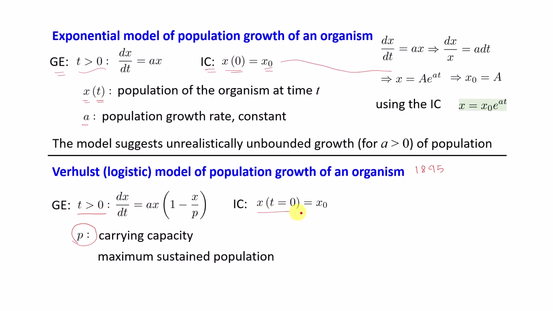At initial time, the population was x naught, as we have seen in the exponential model. So here, compared to the exponential model, with ax there is an (a/p)x squared term. We can see that when a and p are positive, this will bring a negative term in the equation, meaning it will bring the population down.